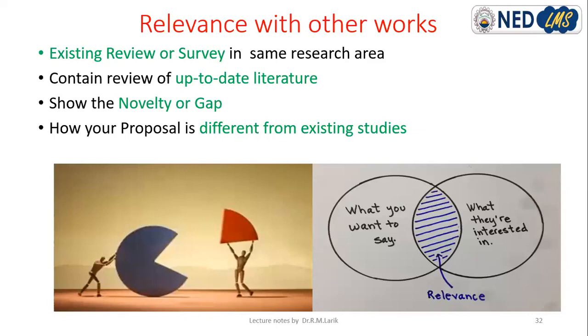Now it is very important that you make clear the relevance of your work to other research areas. You can see in this animation that this guy has to fit this into this, right? So when you develop your hypothesis, you must relate your work with the previous research work. Unless you find the relevancy, it is not a good proposal.